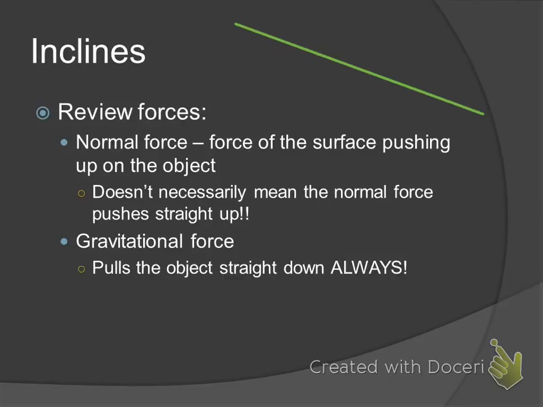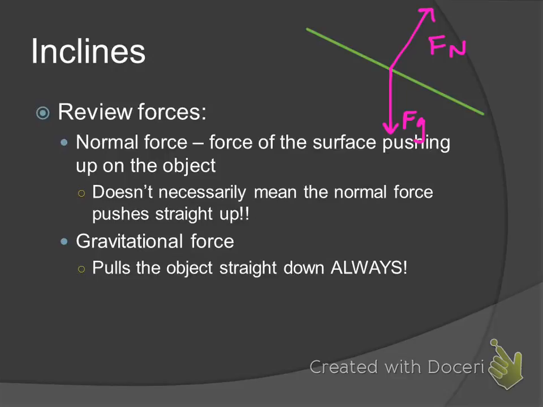Okay, so now if I have my object on an incline, I've got my normal force going perpendicular to the surface, and I've got my gravitational force going straight down. Okay, do we see the difference there? So are these two going to be equal to each other? No, right? They aren't completely opposite. One of those is going to have to be broken into components, into its x, into its y component. Okay, one of them.